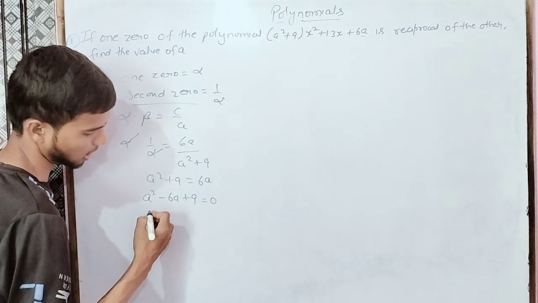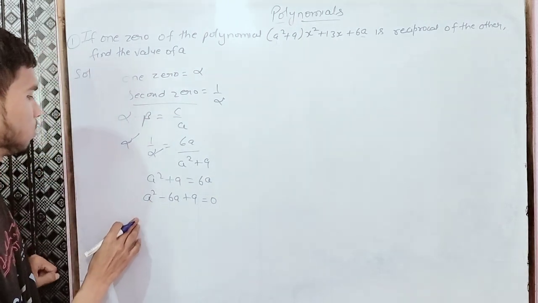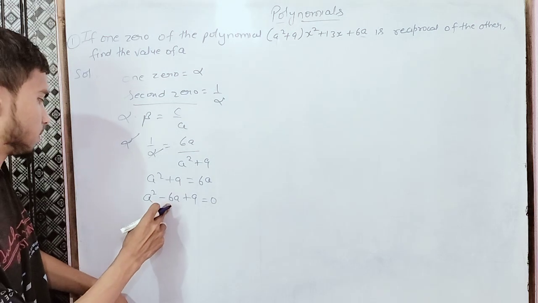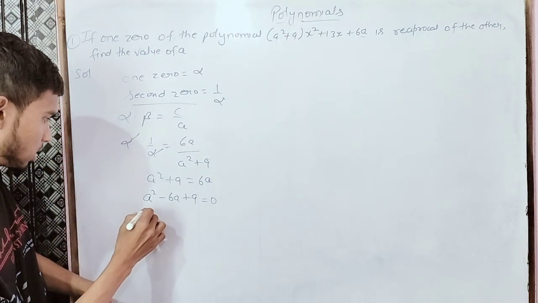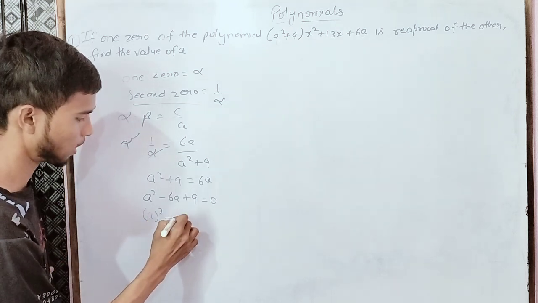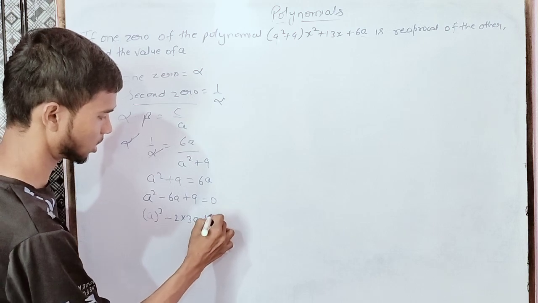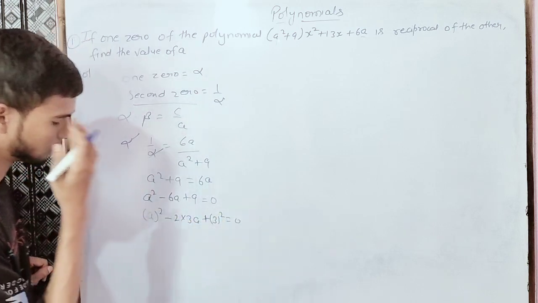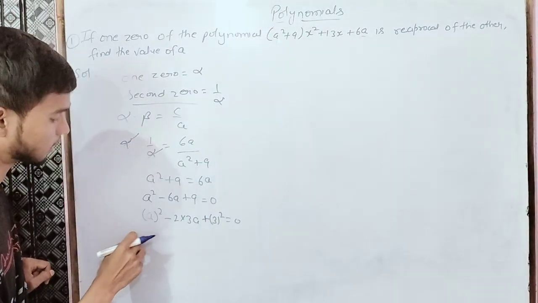So here we can write, here is 1. What is it? So I think a square and minus 2 multiple 3a plus 3 a square. Yeah, we have applied algebraic identities.